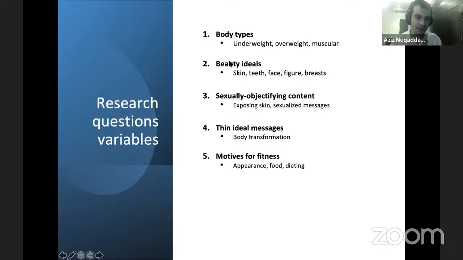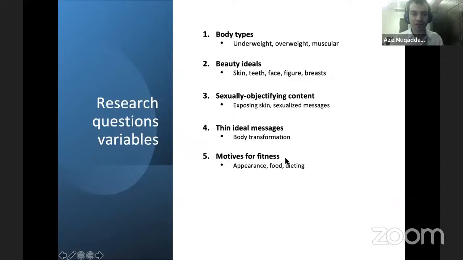Sexually objectifying content, defined either by how much skin is being exposed in a picture or by sexualized messages. Then the thin ideal messages, so any messages about body transformation.